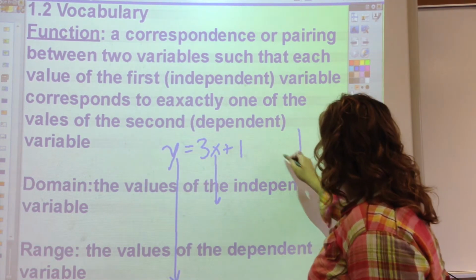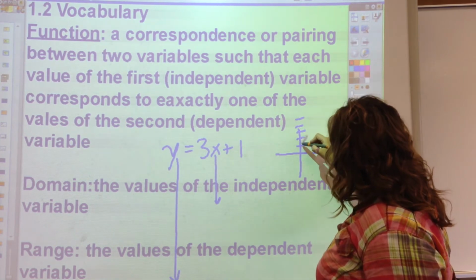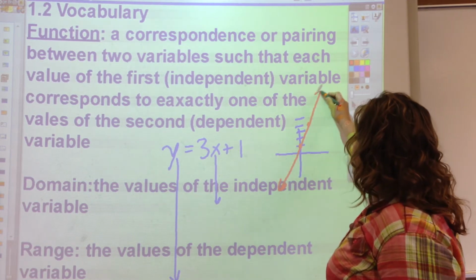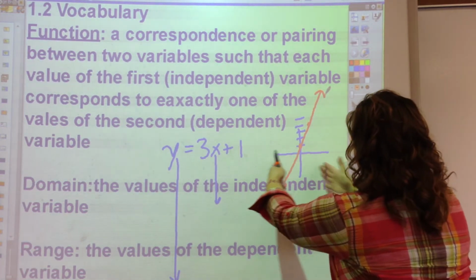Just to give you a picture of that, if you graphed it, you would start at 1, go up 3 over 1, and here's a graph of this function. We can see that there is only one value of y for each value of x, and x is graphed everywhere.